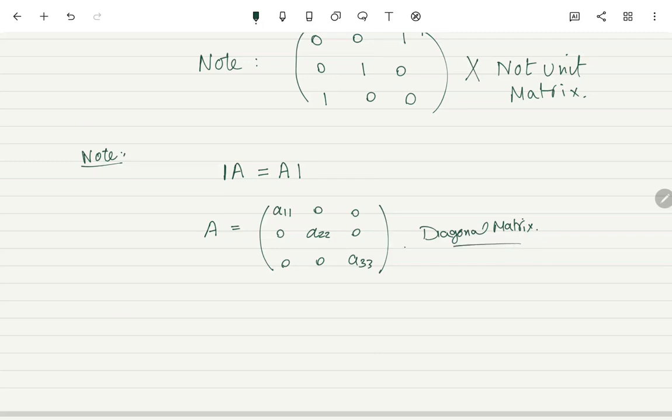We should note here, very important, that the unit matrix and the diagonal matrix have to be square matrices. Instead of an M by N matrix, it has to be M by M. So unit matrix and diagonal matrix should be square matrices.